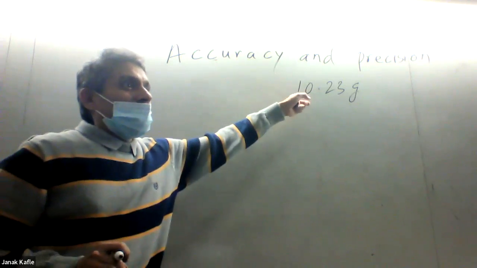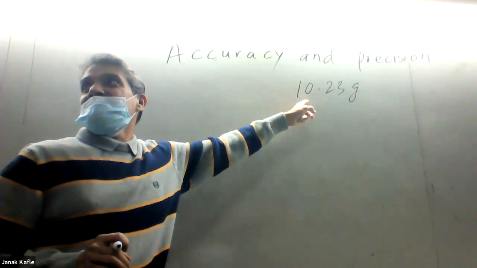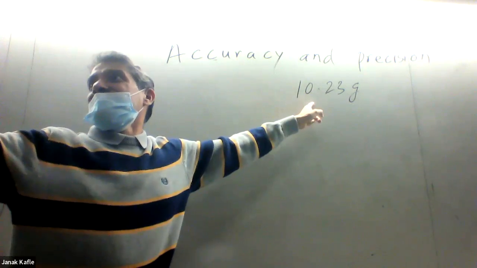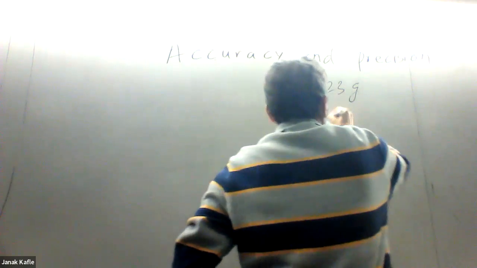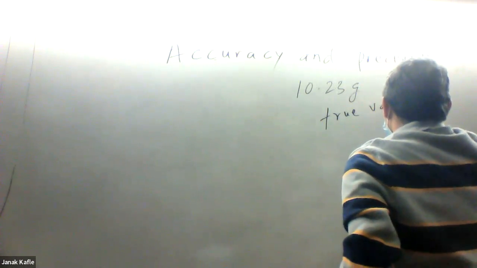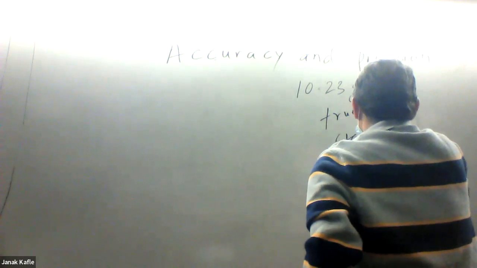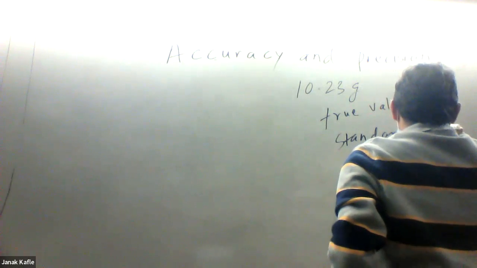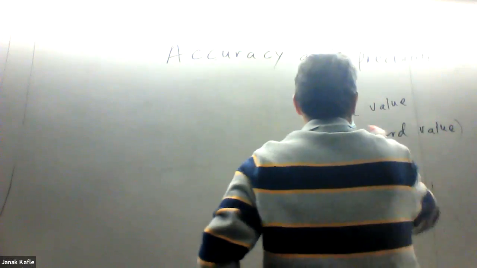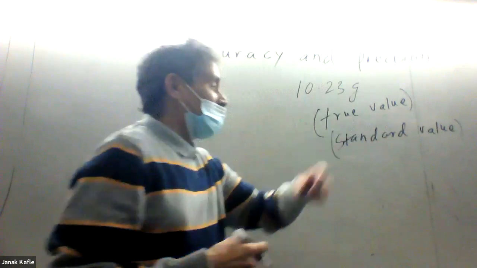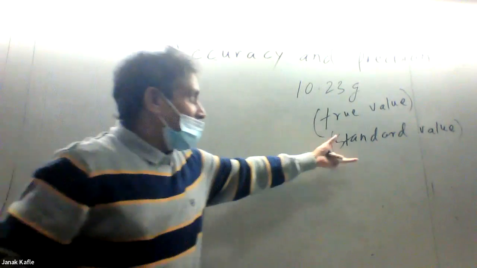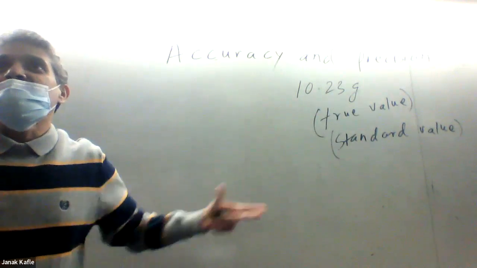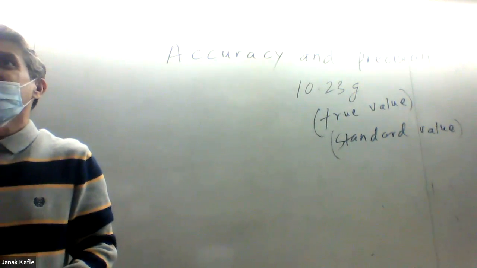So we need to trust their number. So this is the very standard number, because we are trusting them, right? So we call this a true value, or standard value, or company value. Either this is done by the government people, or the big laboratory, big industry people reported this number to us. Make sense?